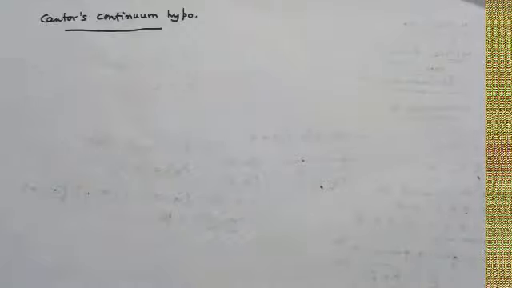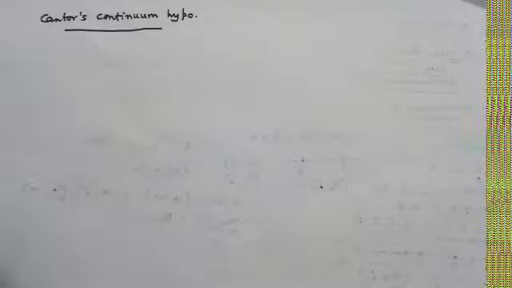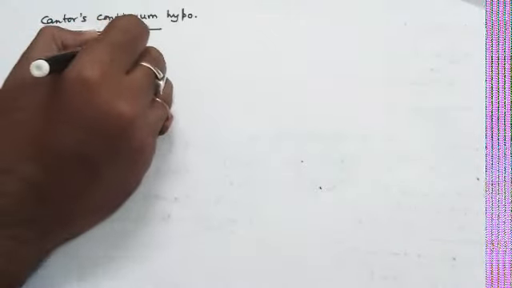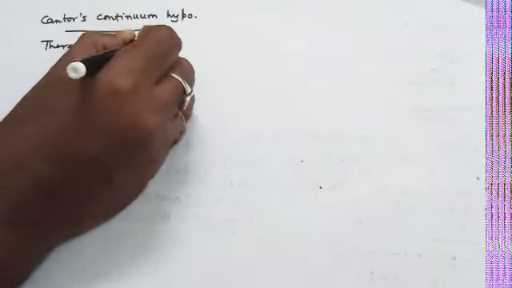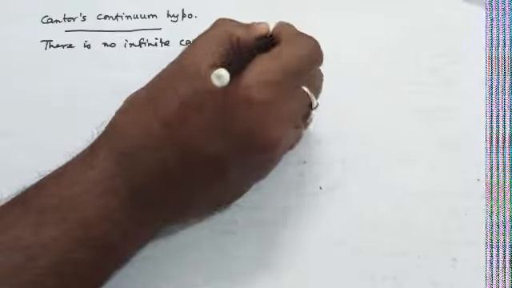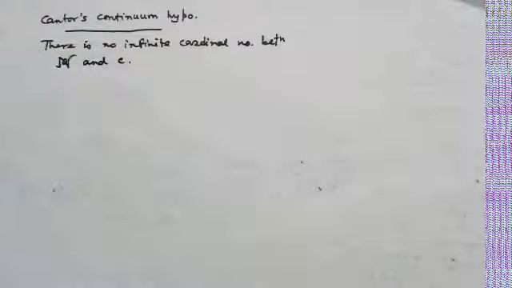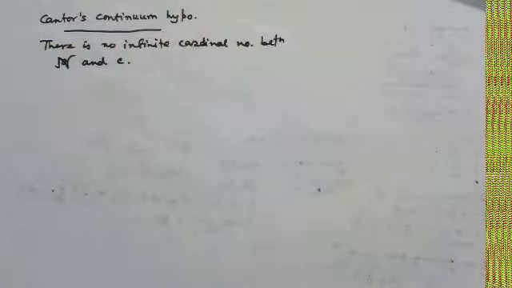It is one of the most famous unsolved mathematical problems. That is the statement, first of all I am writing it: there is no infinite cardinal number between aleph naught and c. Okay.